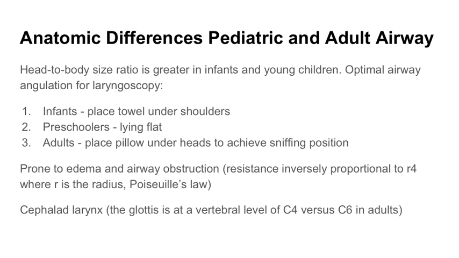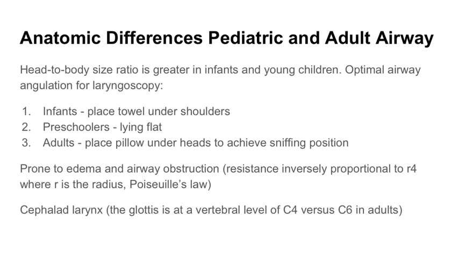These are some of the anatomic differences between a pediatric and an adult airway. There are a number of them, but I'll just highlight a few here. Number 1 is that the head to body size ratio is greater in infants and young children. This is because the head is disproportionately larger in infants and young children.